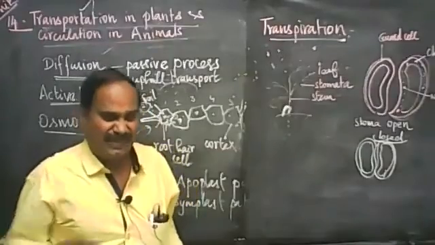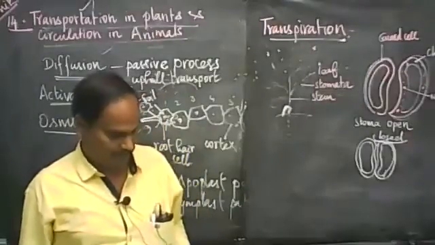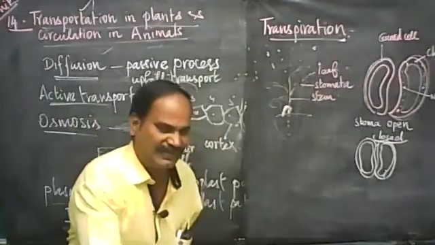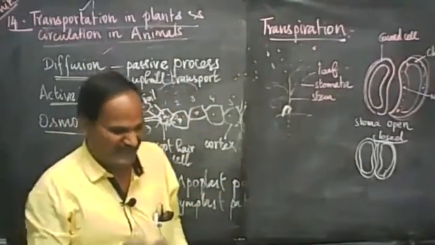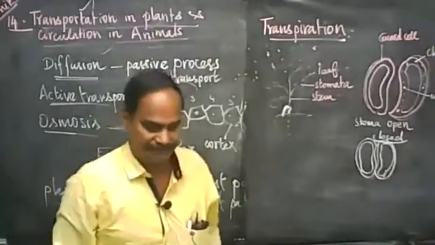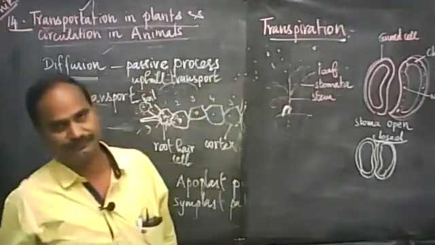When the ions along with water move from the soil through the root hair, it reaches the xylem. So in the xylem, that pressure is there.